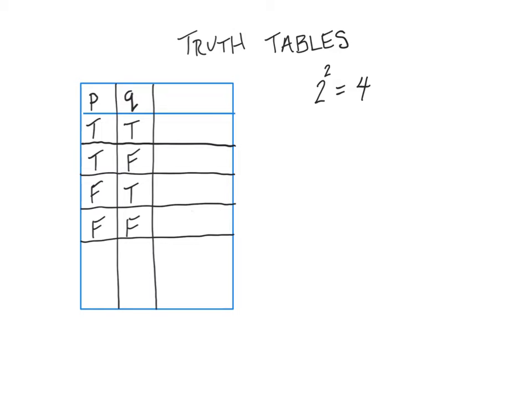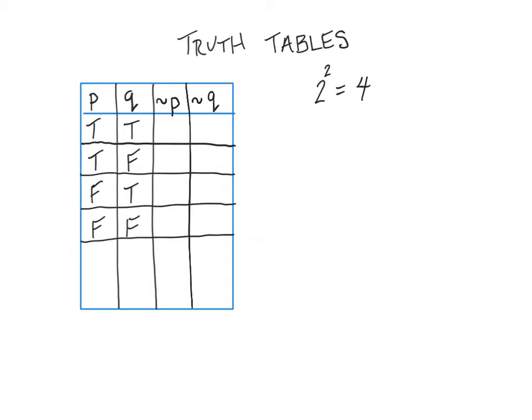And then, of course, there are other things that we could consider, and that would be the negation of these statements. So, for instance, the negation of P would be not P, and we would use a tilde symbol and put that in front of the letter P. Same thing for Q: not Q would be symbolized by a tilde symbol, and that would be read as not Q. Since these are the negation of P and Q, they are going to be the exact opposite of whatever P and Q are.